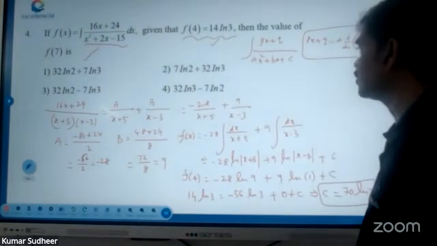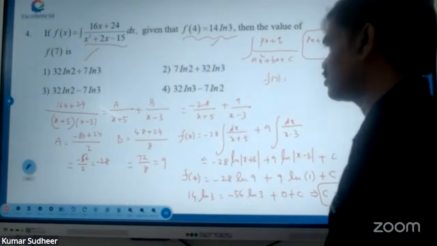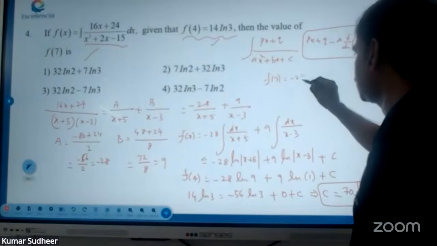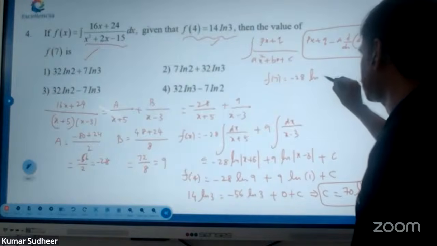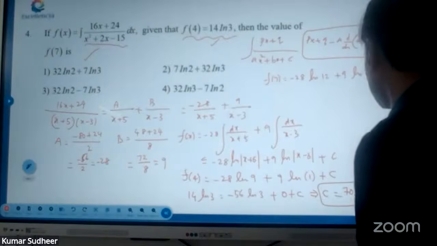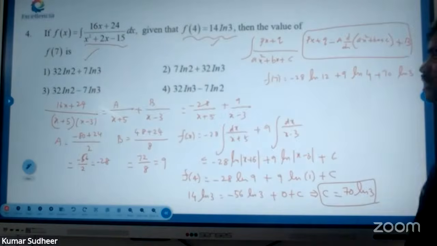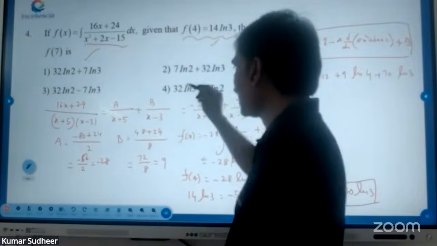Now, they are asking for the f of 7 value. So find the value of f of 7. f of 7 is equal to, if I substitute here, minus 28 log 12 plus 9 log 4 plus the c value, 70 log 3. Now you have to write in terms of log 2 and log 3.